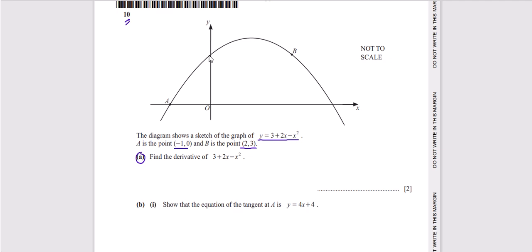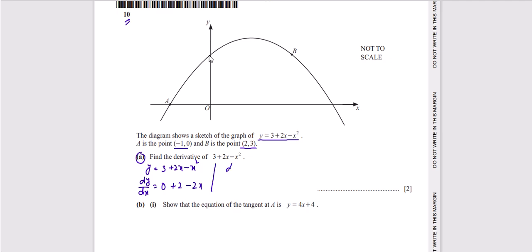So this values is equal to y is equal to 3 plus 2x minus x square. Taking derivative on both sides, it should be equal to dy over dx is equal to, this one is constant, this one is 0, plus 2x is 2 minus 2x.